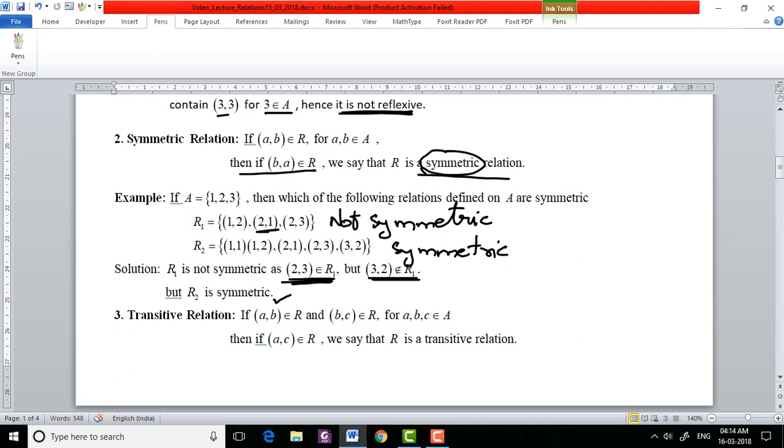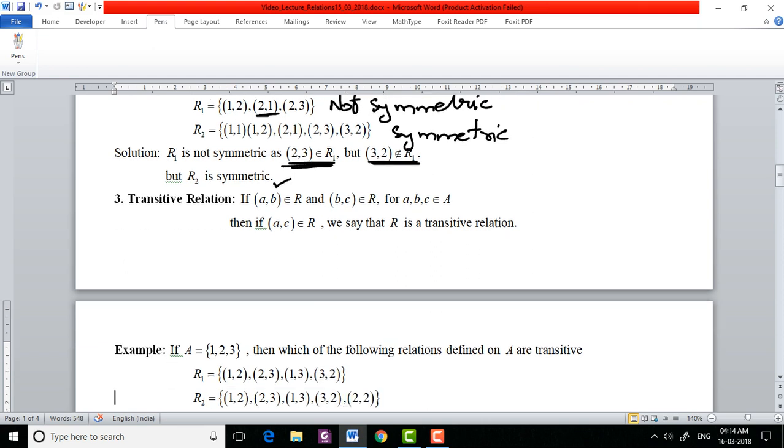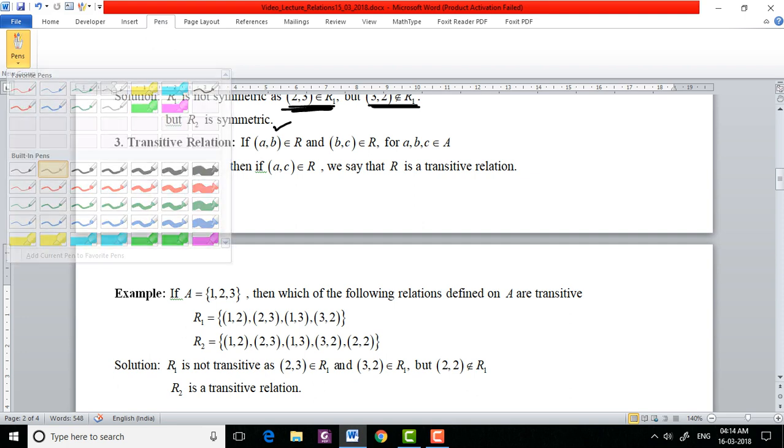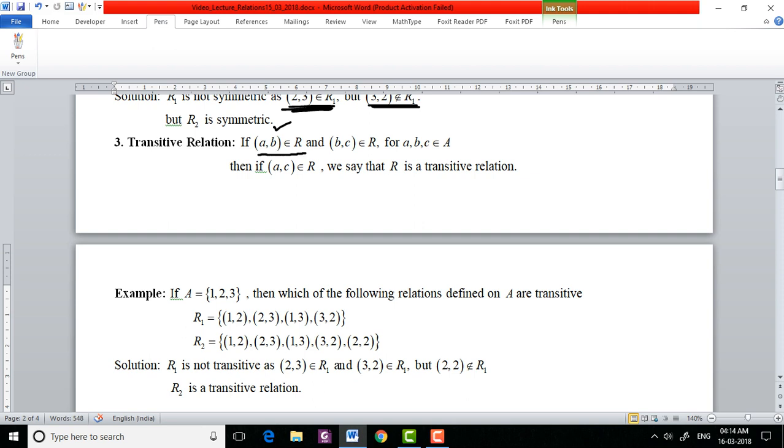Now let us move on to the third type, which is a transitive relation. If (A, B) belongs to R and (B, C) belongs to R, for A, B and C belonging to the set A on which we are defining the relation, then if (A, C) belongs to R, we say that R is a transitive relation.